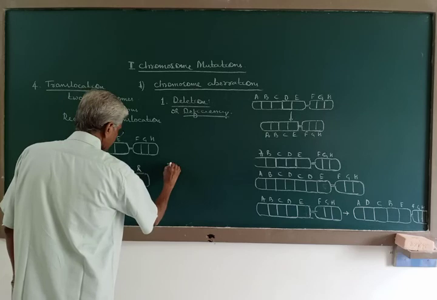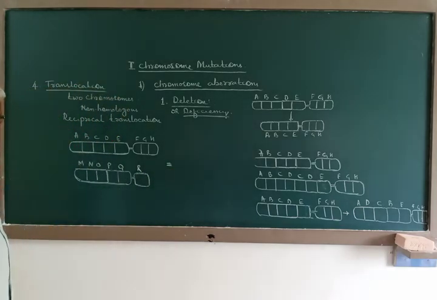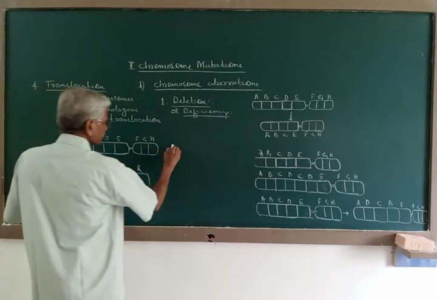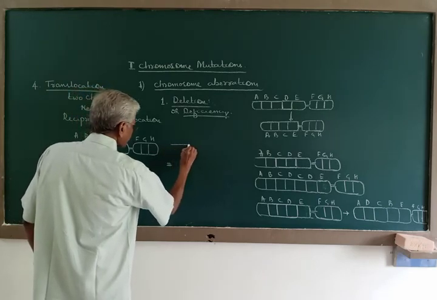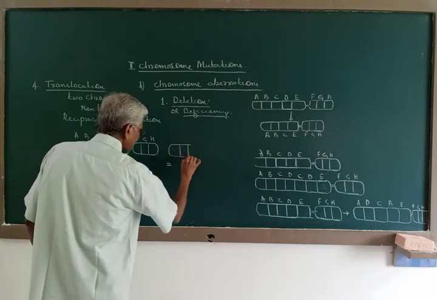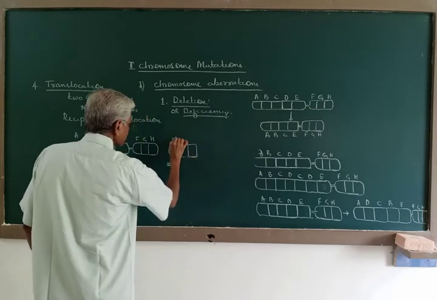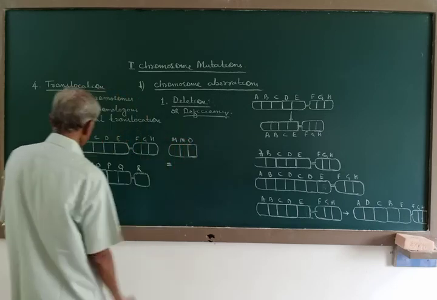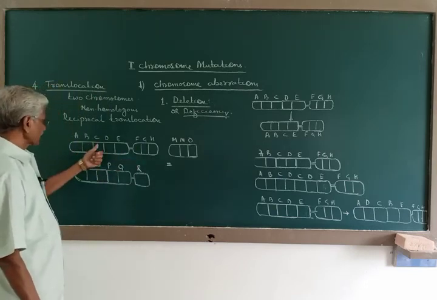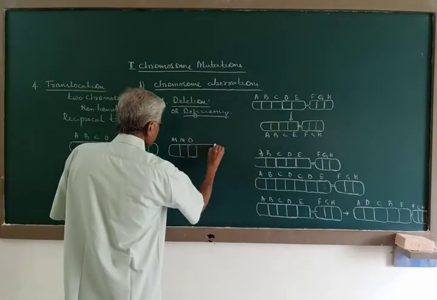So here, after this reciprocal interchange, reciprocal translocation, in place of AB you will have M and O. After this, instead of AB, here M and O, and C, D, E, F, G, H will remain as it is.